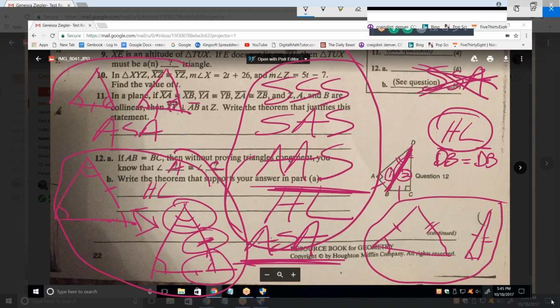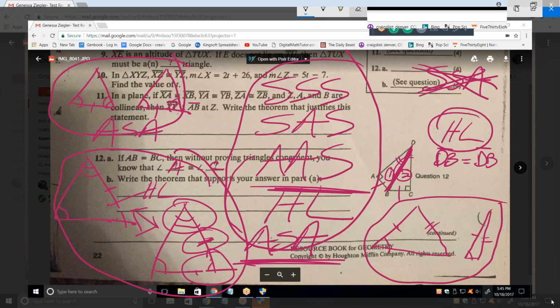This one up here, if you only know those three pieces of information, that's angle, side, angle. But the fact of the matter is, the reason this is a little different is because this side down here can't be the same side.